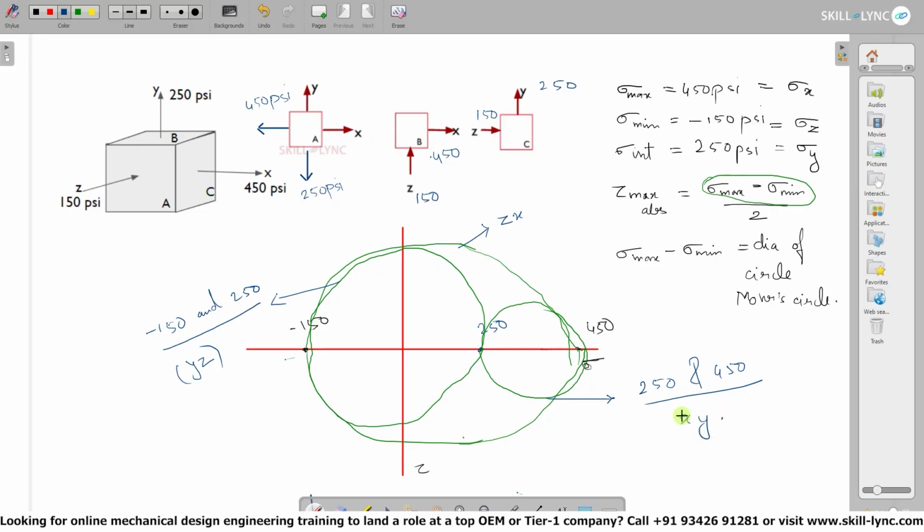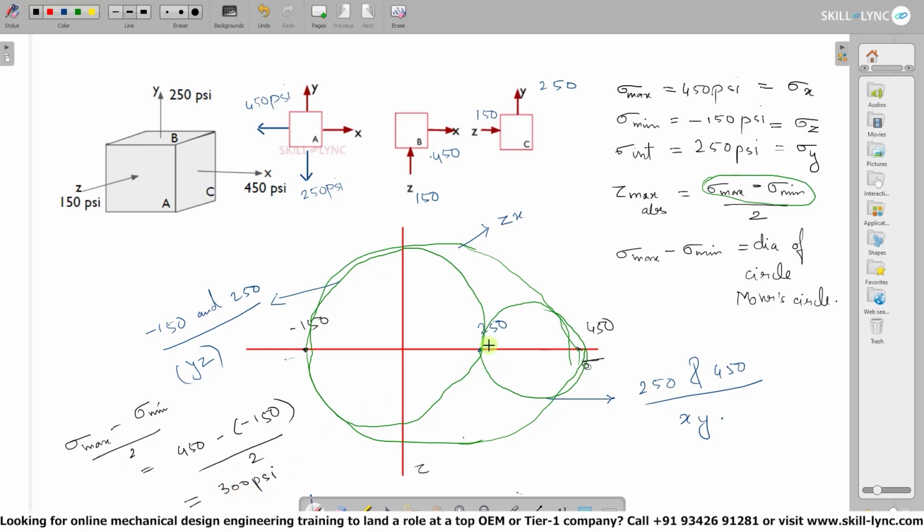Now, as for the plot of tau max ABS, it's going to be the diameter divided by 2, which is basically the radius of the circle. And here, for us, sigma max is going to be 450 and sigma minimum is going to be minus 150. Therefore, our value for sigma max minus sigma minimum divided by 2 is going to be 450 minus minus 150 divided by 2, which is equal to 300 psi.